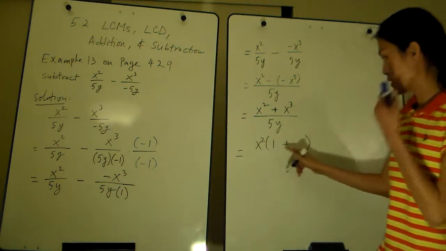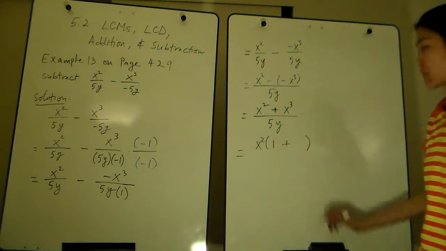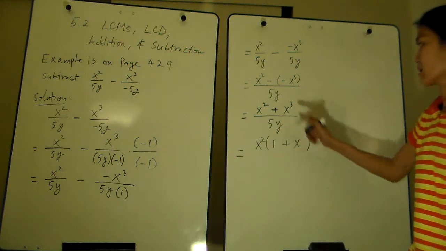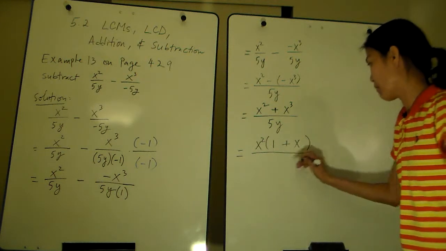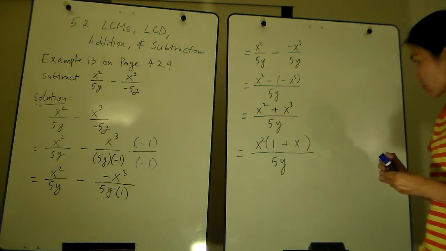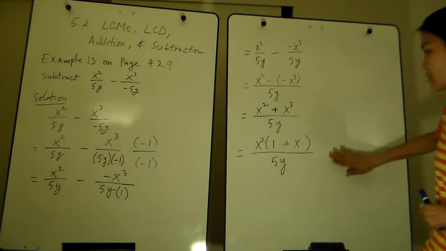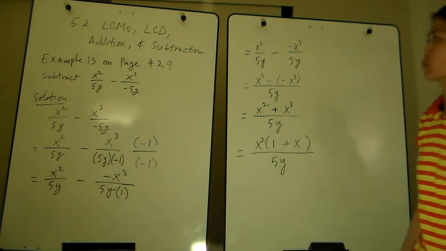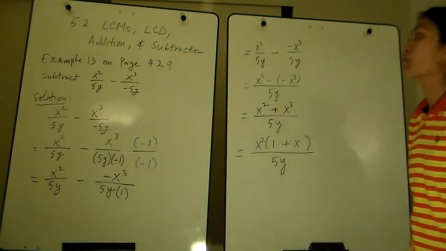Plus x squared times what is x to the third? That means x, right? Because x squared times x is x to the third. Divide by 5y. Now, you can leave the answer as this or as this. And this is how you subtract the two fractions with opposite signs.